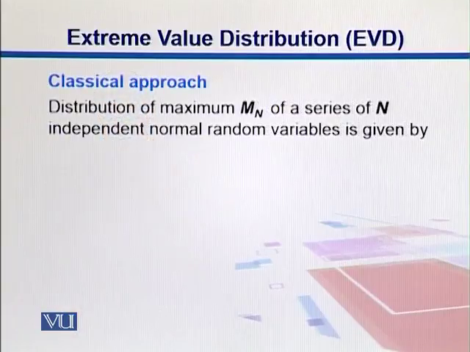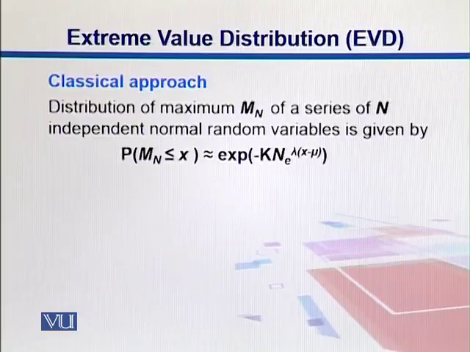So we take all those scores and we take their maximum. In this way all scores are normal random numbers, so they can attain any value. We pick the maximum among them and draw their distribution.